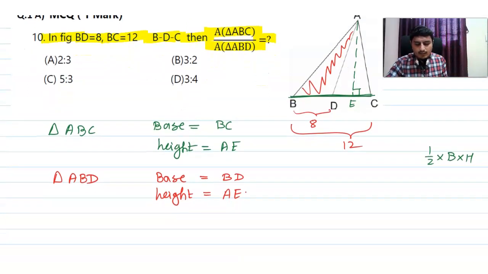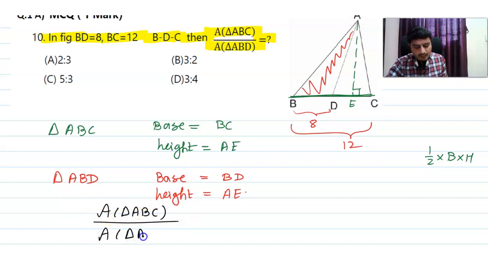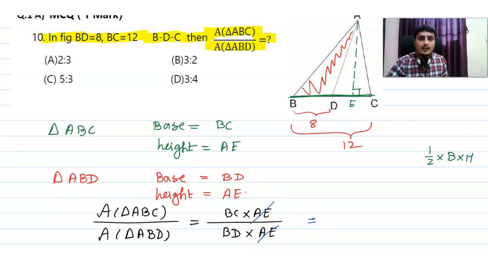Now we know the well known ratio of areas of any two triangles, here triangle ABC and triangle ABD, is equal to the ratio of the product of their bases and heights. For the first triangle ABC the base is BC and the height is AE. For the second triangle the base is BD and the height is AE. Those two triangles have the same height, so AE gets cancelled from numerator and denominator.